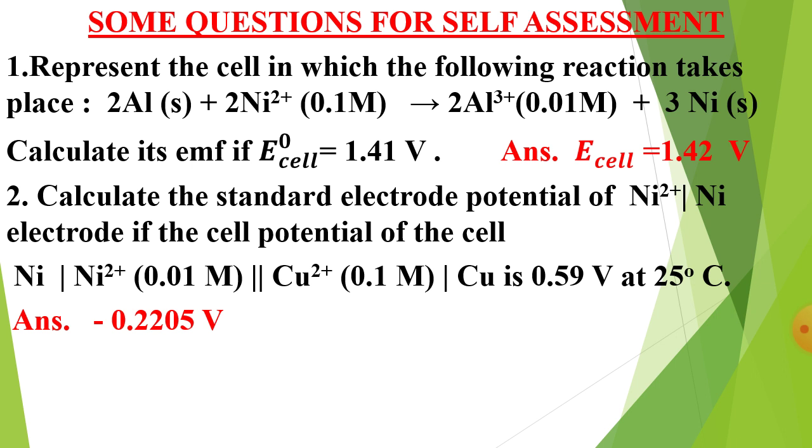Second, calculate standard electrode potential of Ni2 plus, phase boundary Ni electrode, if the cell potential of the cell is given, and the cell potential given is 0.59. Here you have to find the standard electrode potential, that is E naught cell. So the answer is given here also. You can also use the Nernst equation to solve this question.